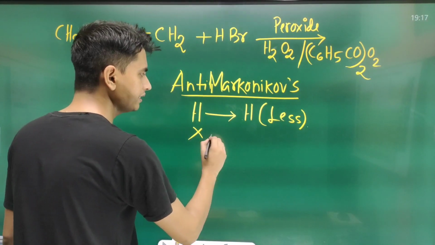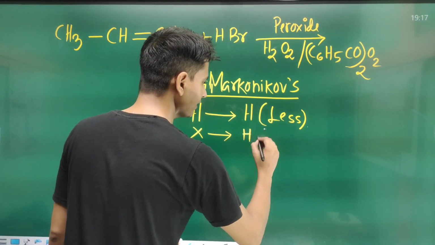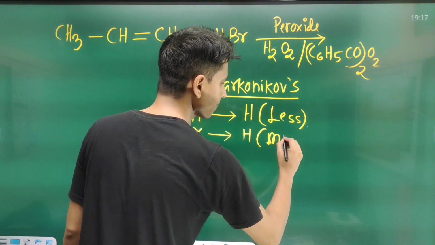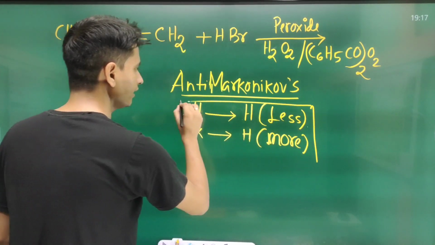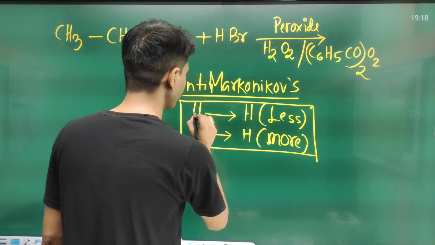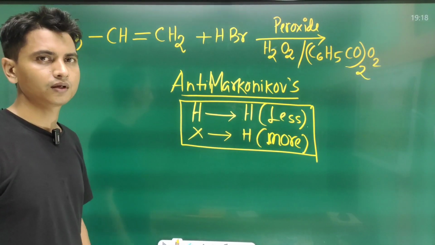Negative part of the reagent goes to the carbon atom where number of hydrogen is more. This is the simple meaning of anti-Markovnikov's rule, from chapter number 13, class 11.